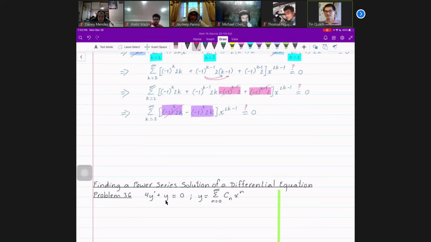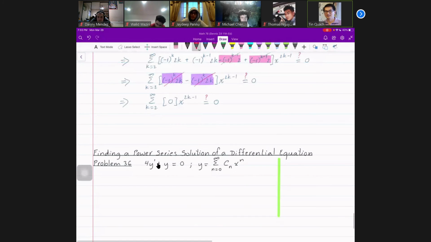So they cancel out. So what you have is zero. Okay, so you know on the left side, it is always 0. And that is equal to 0, which is true.